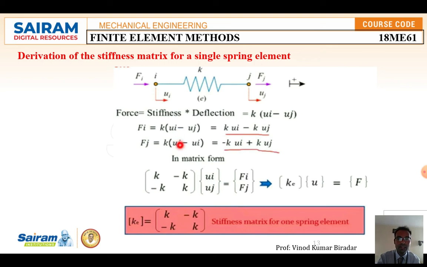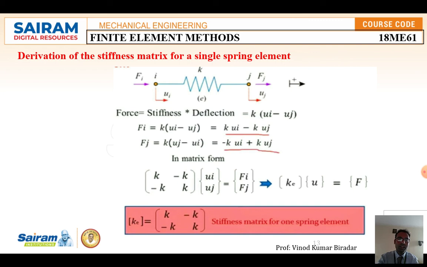So fj is k(uj minus ui). Again simplify, you get a minus sign here. In matrix form you write k, minus k, minus k, k times ui, uj, which is equal to fi, fj, which gives ke u equal to f, where k is this matrix [k, minus k; minus k, k]. Otherwise you can write k11, k12, k21, k22. So this is the stiffness matrix for one spring element.